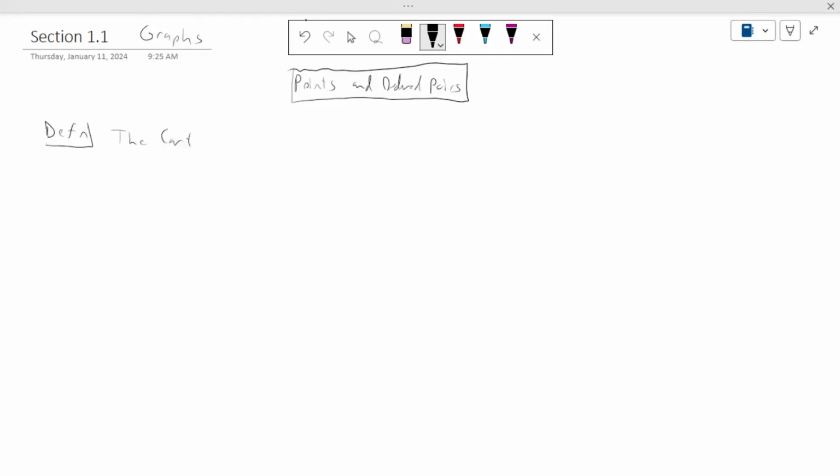The Cartesian coordinate system. It's a funny word. I'm going to underline that. Which is also known as the rectangular coordinate system, which is a little bit easier to say.